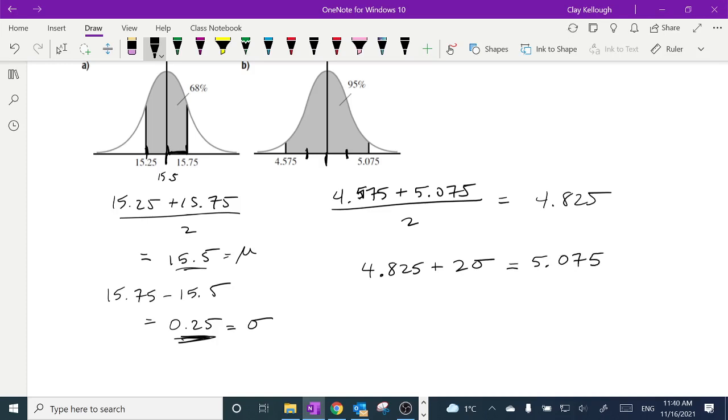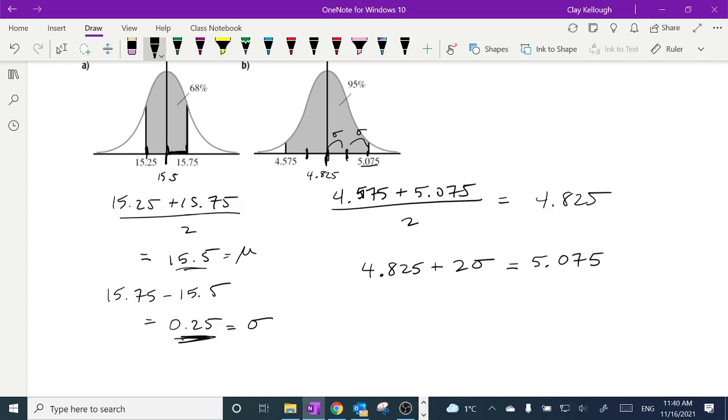No. I got a whole bunch of no's, people. I don't know if you heard that at home on the microphone. 4.825 is the mean. We just figured that out, right? It's halfway between those numbers. I add some number, sigma, and I get to this first standard deviation. I add another sigma, and now I get to this one, and I know this one. It's 5.075. So the mean plus 2 standard deviations is 5.075.